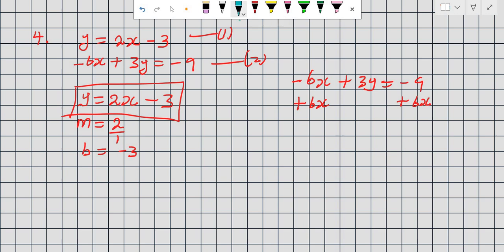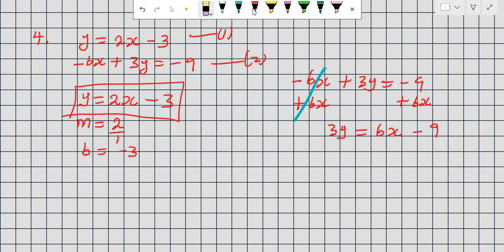Negative 6x plus 6x will cancel out, and we have just 3y on the left side, and that is equal to 6x minus 9. The coefficient of y is 3, so we are going to divide each term by 3.